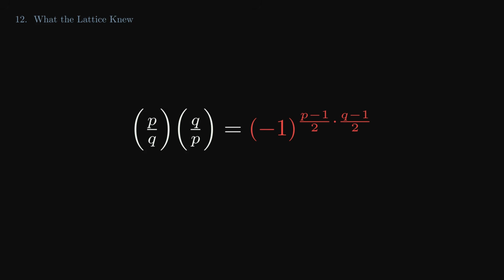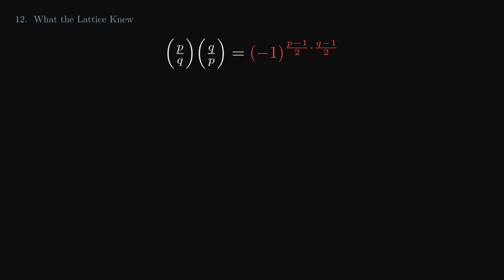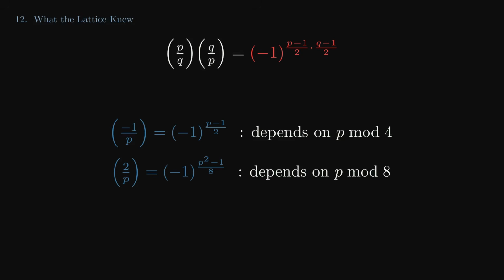There are two loose companions worth naming, proved the same counting way. Whether minus 1 is a square mod a prime depends only on the prime mod 4. Whether 2 is a square depends only on the prime mod 8. Together with the golden theorem, those three facts let you compute any Legendre symbol quickly, without ever hunting for a square. Gauss proved his golden theorem 6 different ways and left more behind.